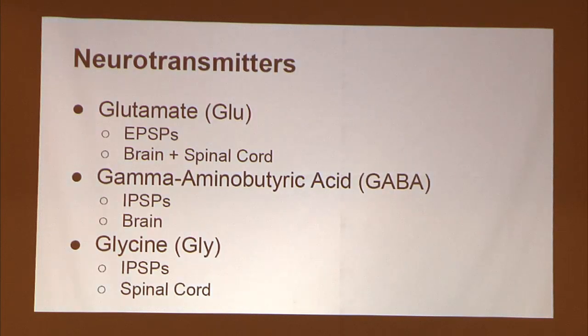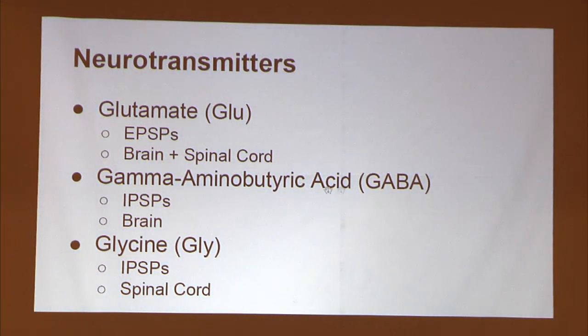Okay. Then we can look at a few other neurotransmitters that aren't, I guess, as heavily gone over usually. So glutamate is excitatory, so it's going to produce EPSPs. It's going to depolarize when it binds to its receptor, usually, and it's going to be the primary excitatory neurotransmitter in the brain and the spinal cord.